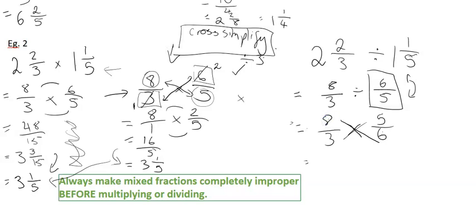So the 8 and the 6 can be simplified. Both are divisible immediately, I can see, by 2. So that becomes a 3, that becomes a 4 because I've divided by 2. And then it's 4 times 5 is 20. 3 times 3 is 9. So you get 2 wholes with 2/9 left over. That's as simple as it can go.